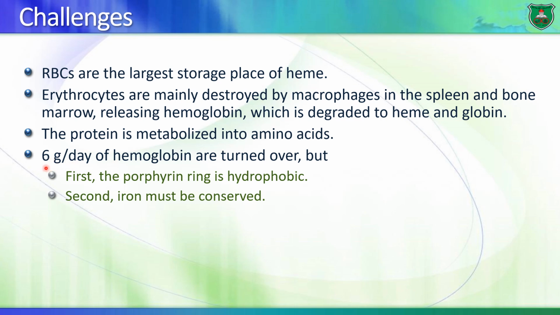You have 6 grams, which is really huge. So there are two challenges. The first one is that the porphyrin ring is hydrophobic. It's not soluble in blood, so it has to be dealt with delicately in order for it to be excreted or metabolized. The second thing is that iron must be conserved, and we already talked about that before.